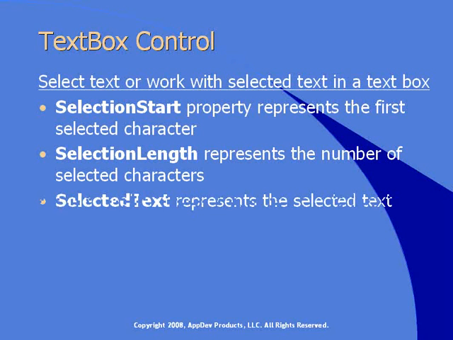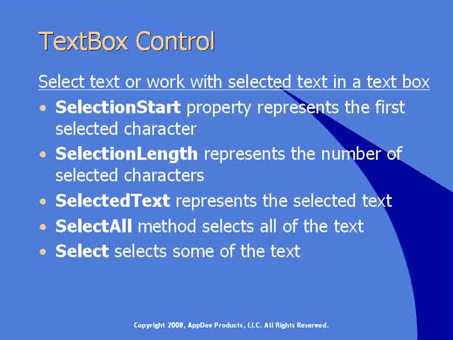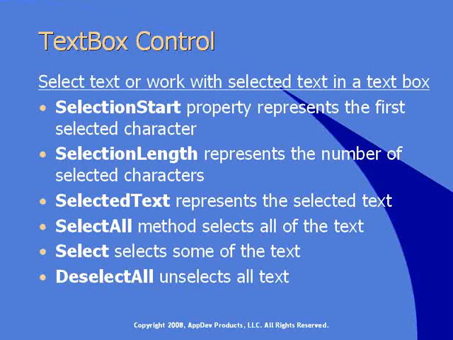Or you can just use selected text, which represents all of the text that was selected. If you want to do the selecting yourself, you can use the select all method to select everything in the text box. You can use the select method if you only want some of the text selected, and to unselect the text, you can use the deselect all method.